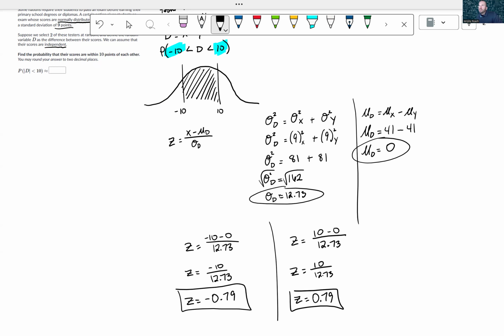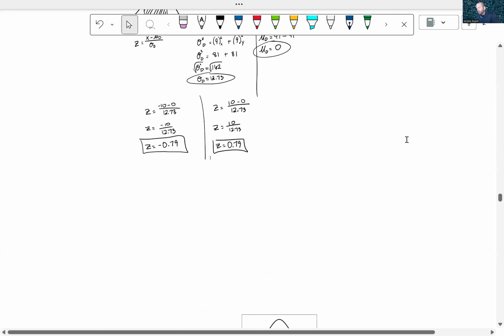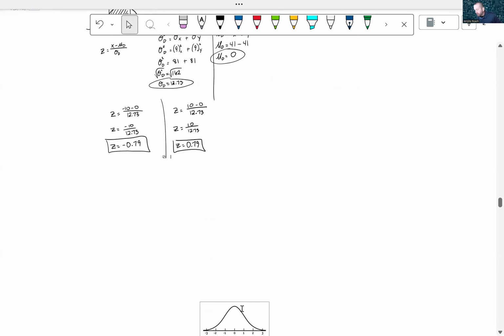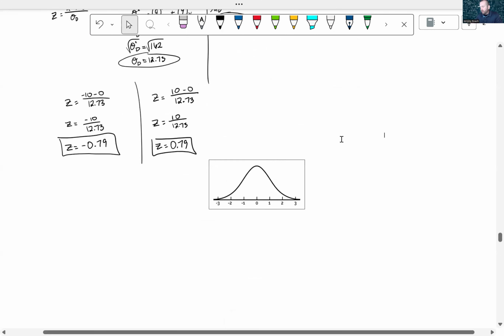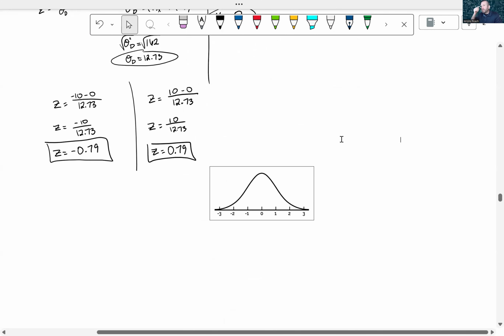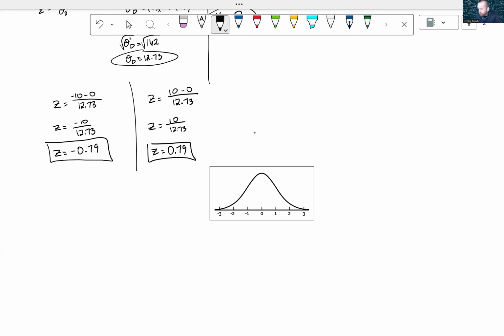So now we want to make sense of these calculations on the normal distribution. So let me see if I can copy this here. I think maybe I just got to move this up here. Okay. So we want to figure out what's the area under the curve for the z-scores that are associated with -0.79.